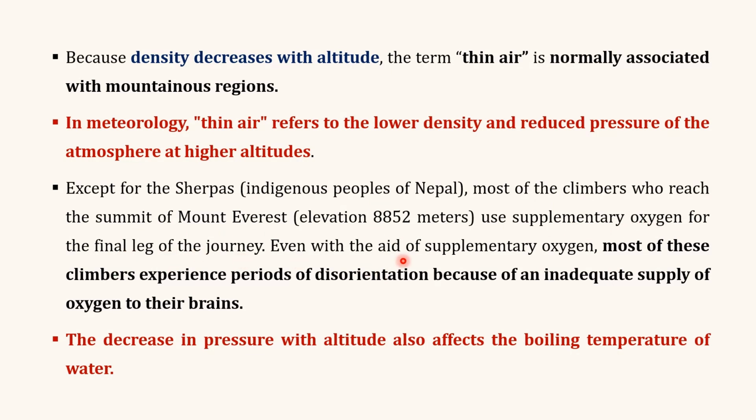Even with the help of supplementary oxygen, most of these climbers experience periods of disorientation because of an inadequate supply of oxygen to their brains. And this decrease in pressure with altitude also affects the boiling temperature of water.